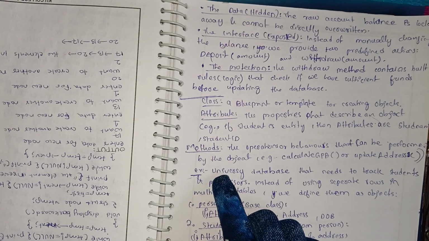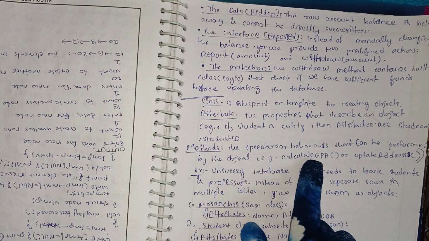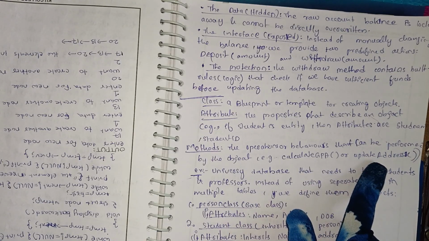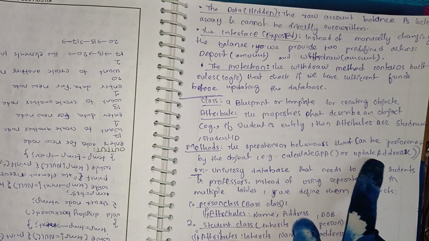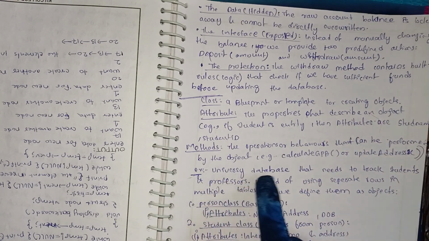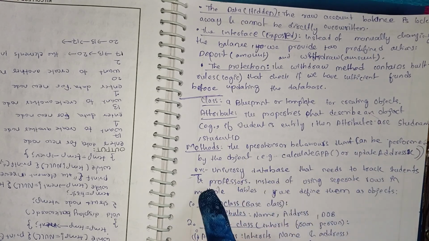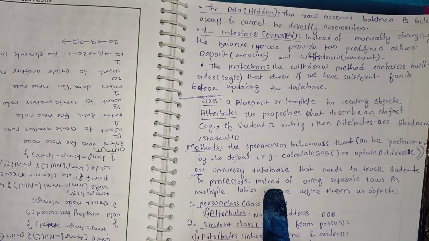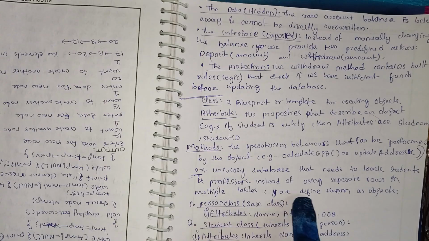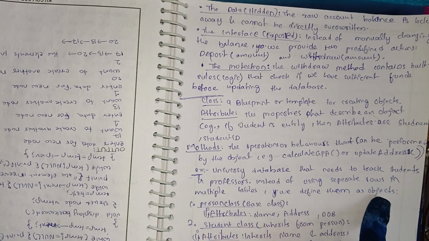Okay. This is in the student entity, and this is in the customer entity. University example: a university database that needs to track students and professors. Instead of using separate rows in multiple tables, we define them as objects.